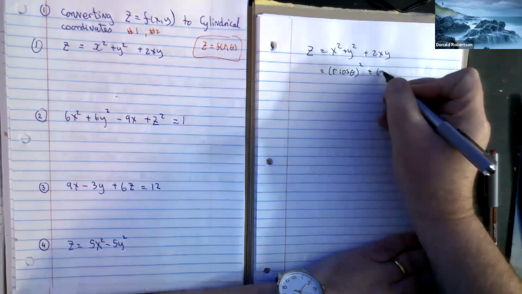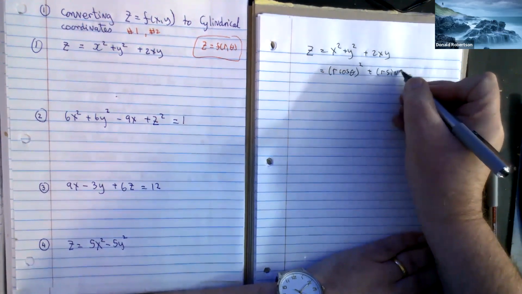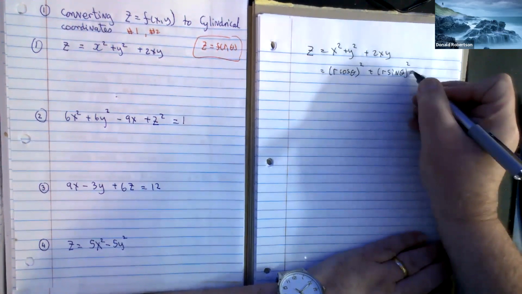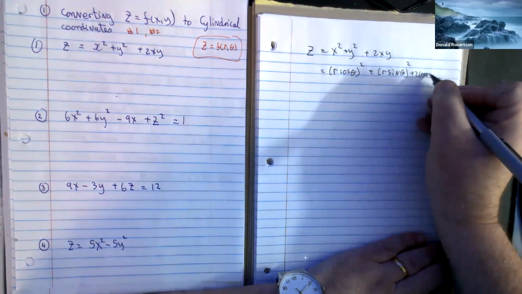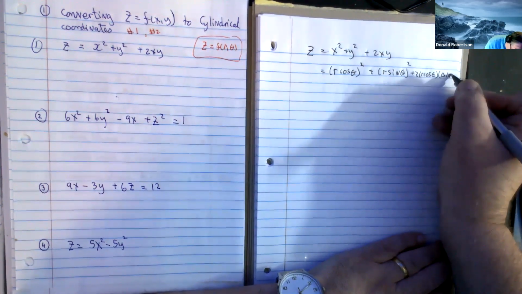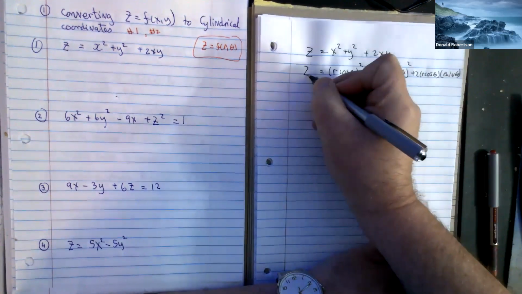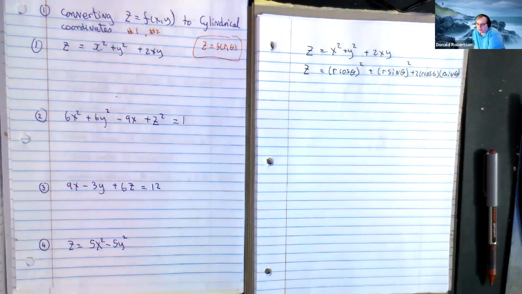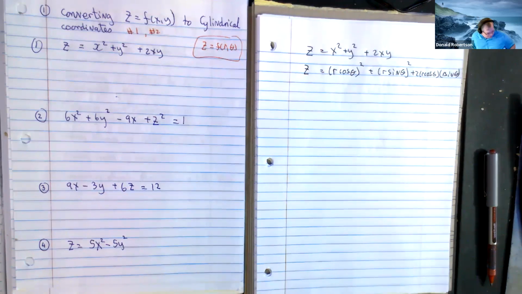The y gets replaced by r sin theta. So that's pretty much the first line. Every x gets replaced by r cos theta. Every y gets replaced by r sin theta.